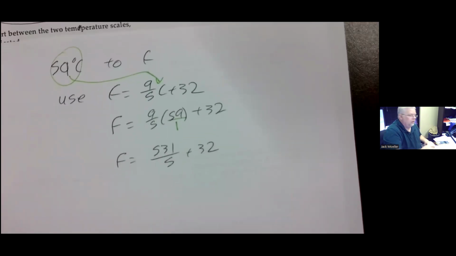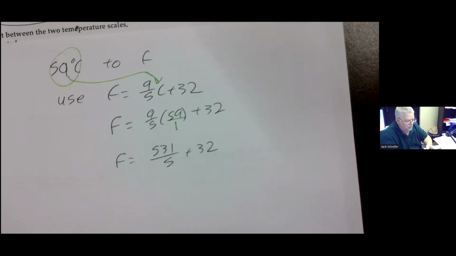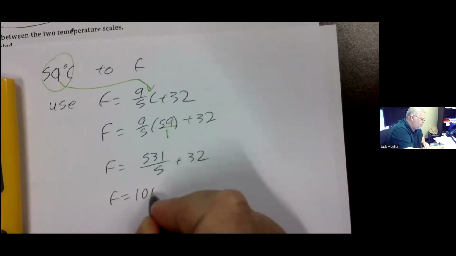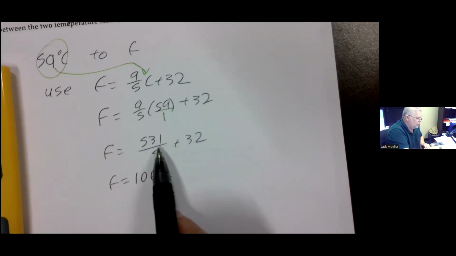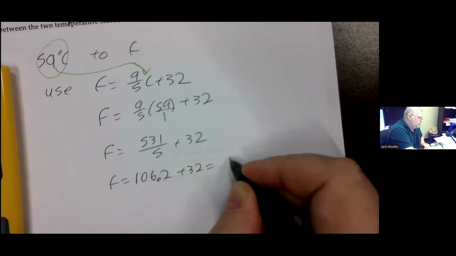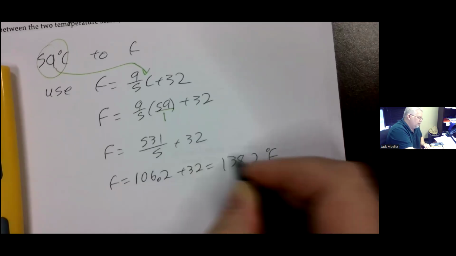Now this is where you do your division. 531 divided by 5 is 106.2. So when we're dealing with these temperatures, we don't want the fraction, we want the decimal. So then just add 32 to that, it'll be 138.2 degrees Fahrenheit.